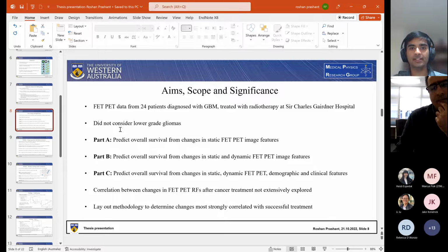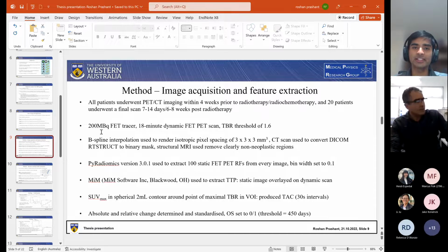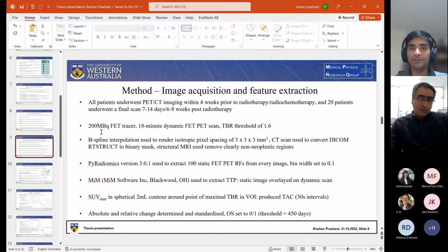The patient FET PET data was obtained from a previous study conducted from 2014 to 2018 on different forms of glioblastoma treatment. From my understanding, the radiotherapy and radiochemotherapy were standardized, but yes, of course, if there were differences in the radiotherapy, that certainly would have added a confounding variable.